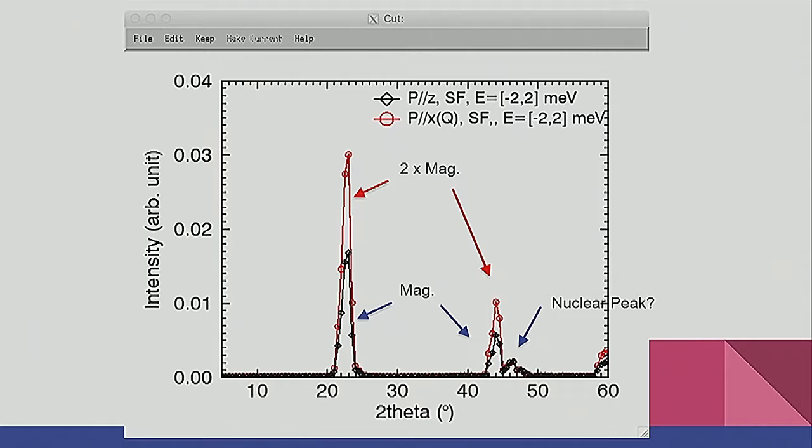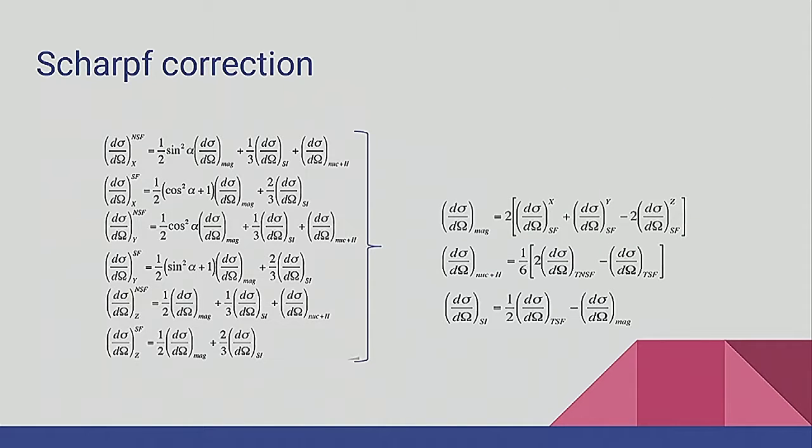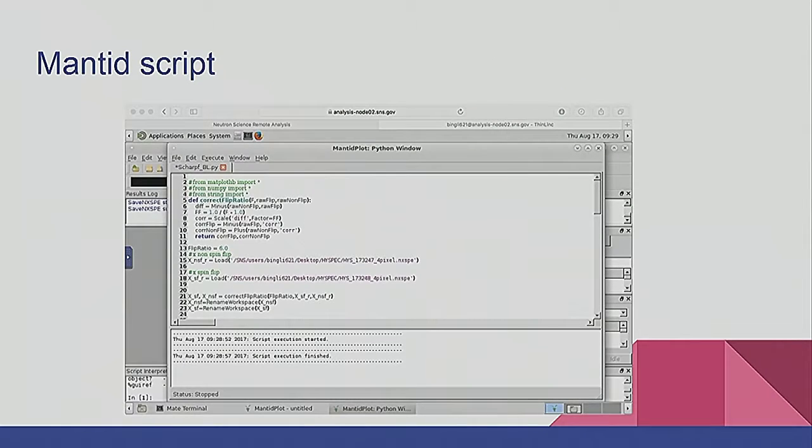Okay, you can see here there's a glitch, and it turns out this is because the spin flipper doesn't work 100%, and sometimes it lets spin pass on without being flipped. So we also have to correct something because of the geometry, and this is called sharp angle, and to correct this, you need to use this equation, but fortunately, those are all already taken care of by this amended script.